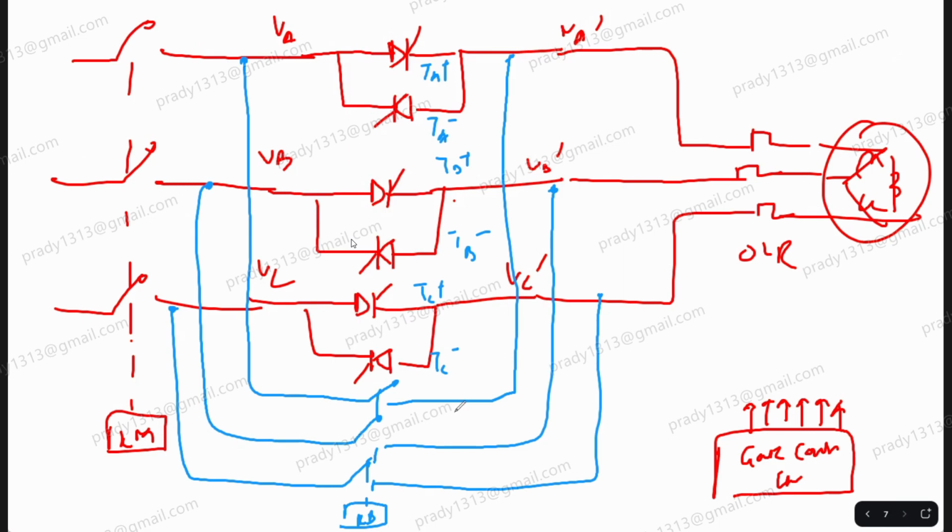Both this KB and KM are operated by relay current driven by the microcontroller or gate control circuit. There is a microcontroller here generating relay current and operating it when you press start or stop. This is the overload relay for thermal overload protection of your motor. Clear? This is a soft start.